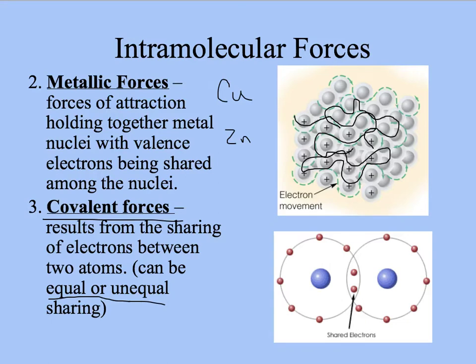We know that the difference in electronegativity between the two atoms in a covalent bond is going to be less than 1.7 in order for it to be covalent, and if it ends up being less than 0.4, that's going to be nonpolar, and if it's greater than 0.4 but less than 1.7, that's going to be polar covalent, and we'll talk about that again when we get to the next slide involving intermolecular forces. So again, intramolecular forces are basically the same three bond types that we talked about earlier in the year: ionic, metallic, and covalent.